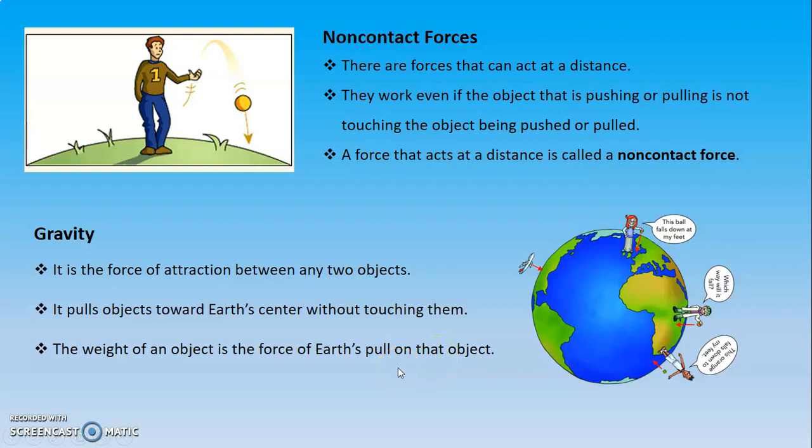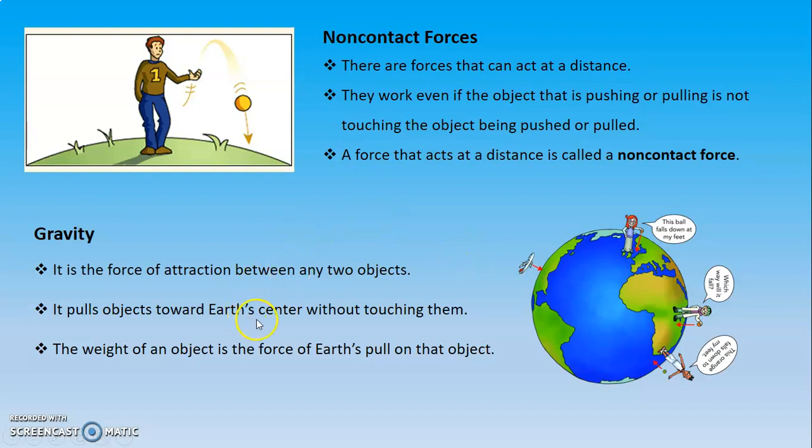And there is another important fact: as an object moves away from Earth, the object weighs less and less because the pull of Earth's gravity becomes weaker and weaker with distance. Is that the same, this boy that is throwing the ball at this distance, as a plane, okay, at this distance?